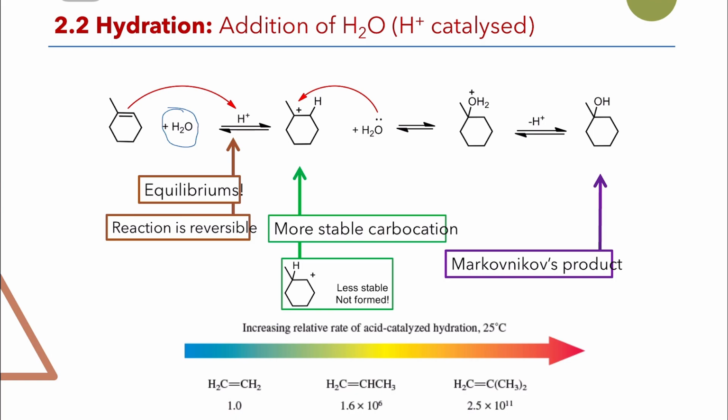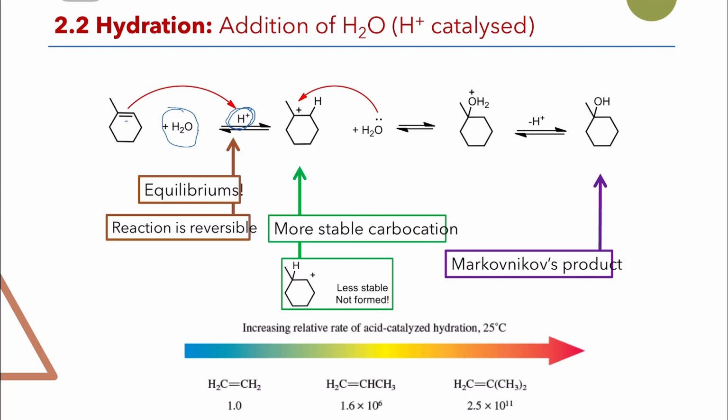When we add water, we need a catalyst, and the catalyst here is an acid, so any source of hydrogen atom is going to act as a catalyst. The first step in the reaction is not the reaction of water directly with the double bond, but the addition of the hydrogen of the catalyst. It will speed up the reaction rate, and the reaction will proceed quicker.